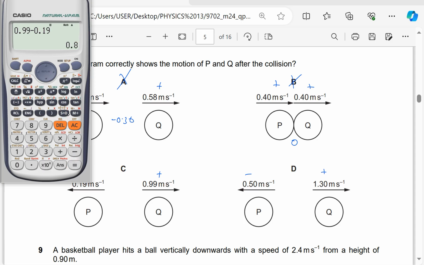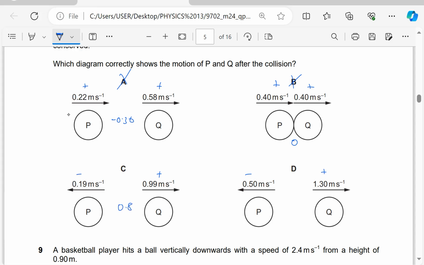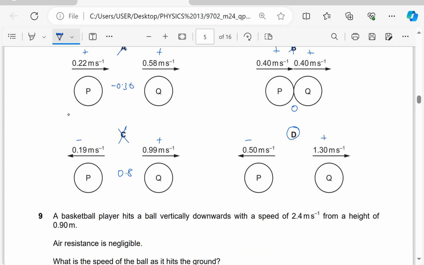So this is giving us 0.8 as the relative speed of separation. So this is also wrong. So the answer is going to be automatically D because we have speed to the right. That is the relative speed of separation is 1.30 minus negative 0.5, which we already saw as 1.80 meters per second. So it means the answer is D.